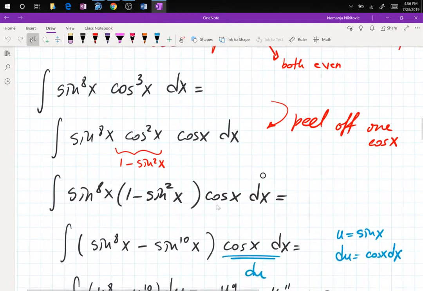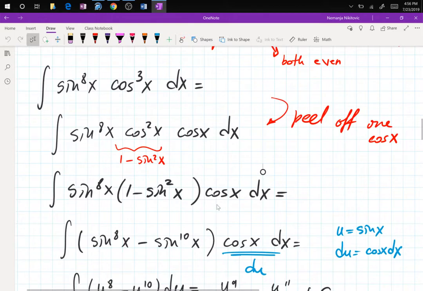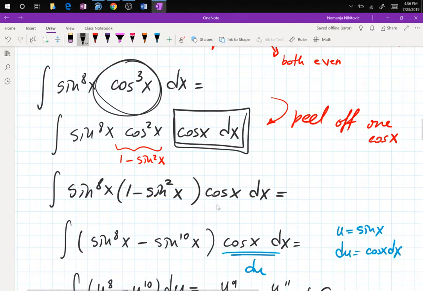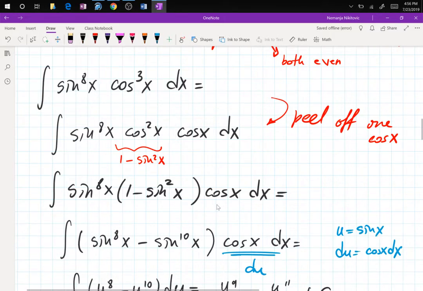Now, if you have the odd situation, then whichever term has an odd exponent, or if they both have, just pick one, you peel off a single cosine in this case, and you leave that together with dx as a unit for du when you do your u sub. So it's a very simple, straightforward trick when you have an odd exponent.